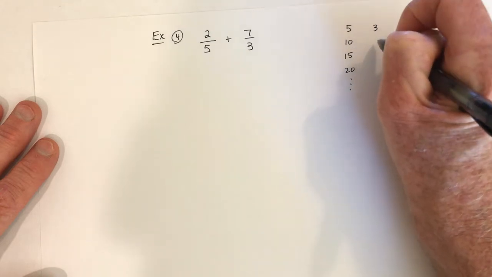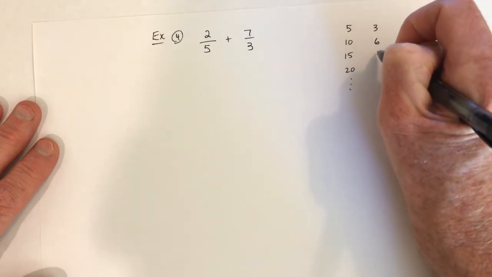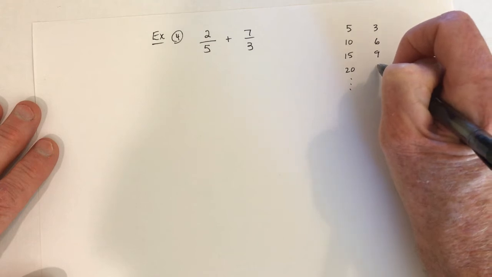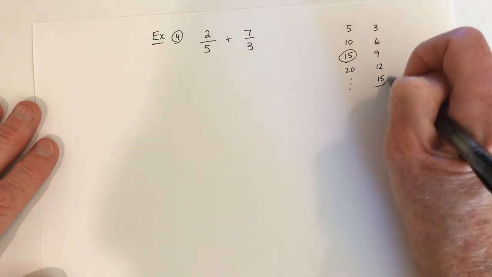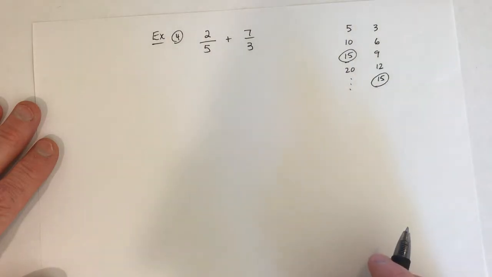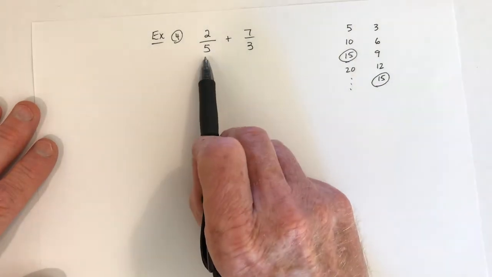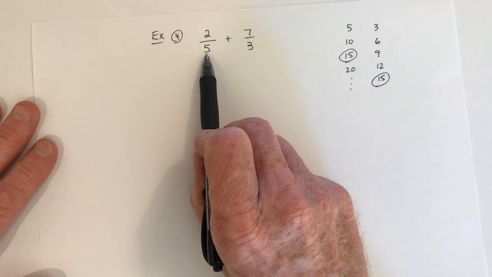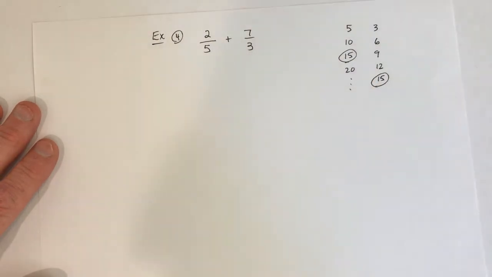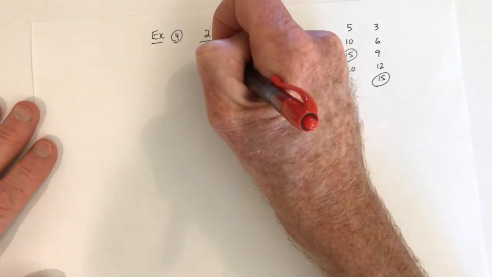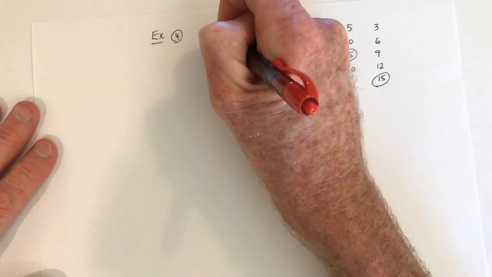So there's 3 times 1, 3 times 2, 3 times 3, 3 times 4, 3 times 5. And as soon as you get the same number, then you stop. So that means that this denominator can be changed into a 15. And to do that, you multiply by 3. So multiply on the top and the bottom by 3.